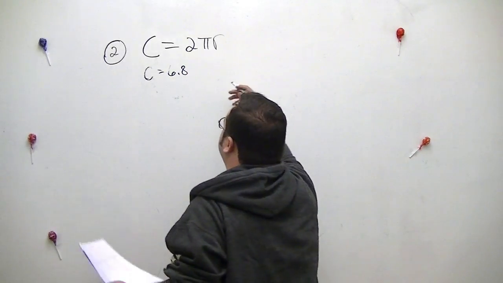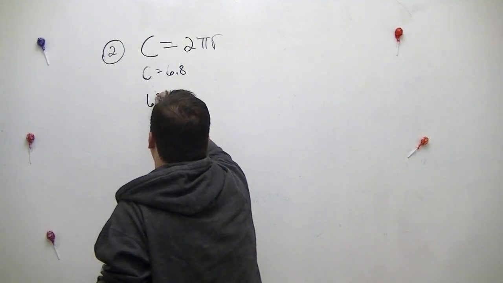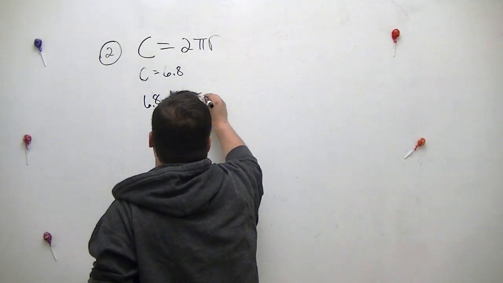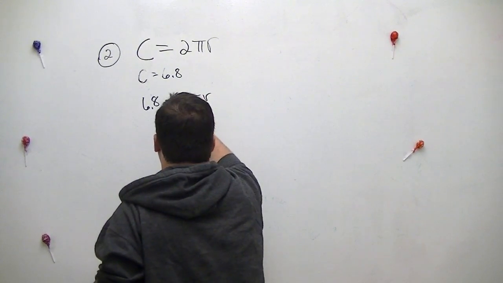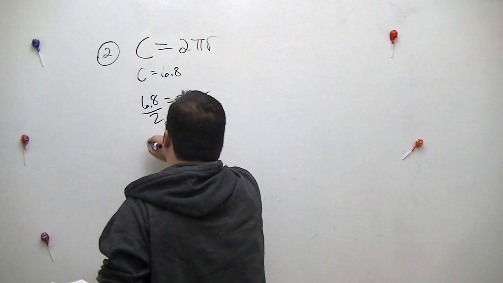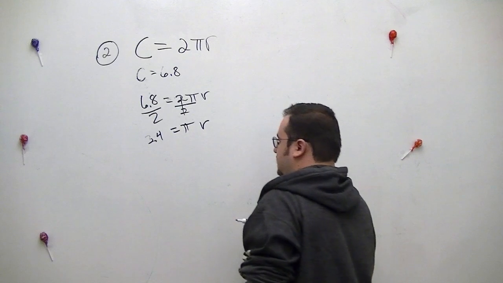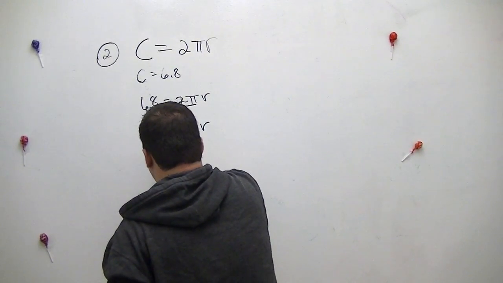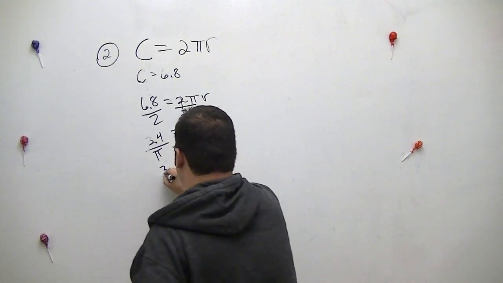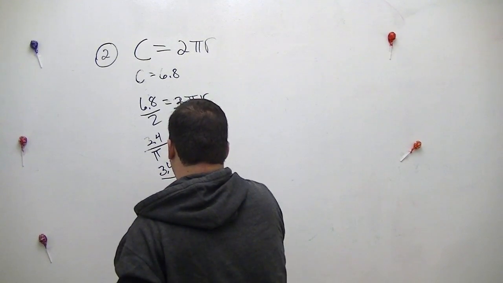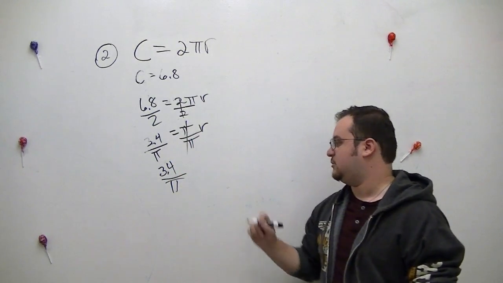Just like in step 1, all you have to do is plug in 6.8 for C and solve for r. Divide by 2, 3.4 equals pi times r, and then divide by pi. That cancels. And so our final radius was 3.4 over pi.